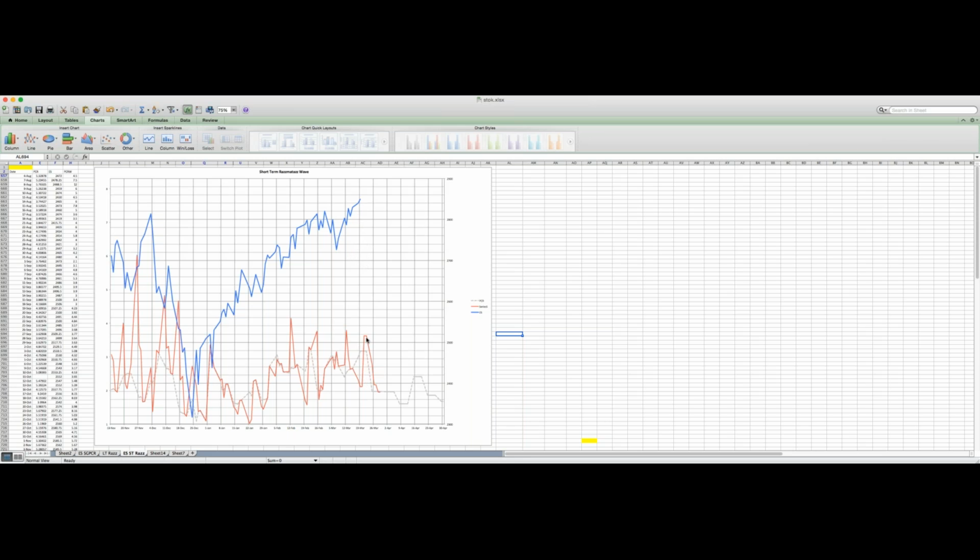So that's the way that we interpret and use the rationalized wave. We're looking for a high on Friday, and then after that, a low, a move lower into around the end of the month. Just because you've got several peaks over here doesn't mean that we should short those peaks, because the overall trend is up.